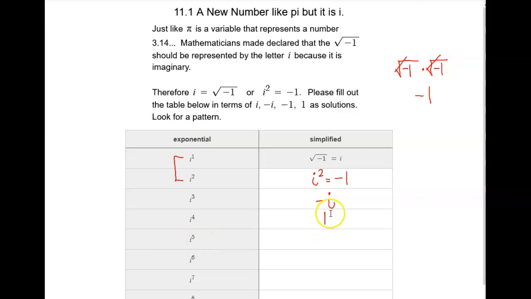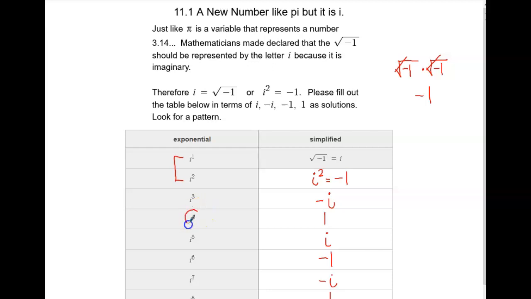So i to the fifth would be i fourth times i to the first, which would just, again, be back where we started. We'd have an i again. i to the sixth would be i to the fifth times i, which is i squared, which is negative 1. So you can see that this just kind of repeats itself in a cyclical pattern. So the next one would be negative i, and the last one would be positive 1.